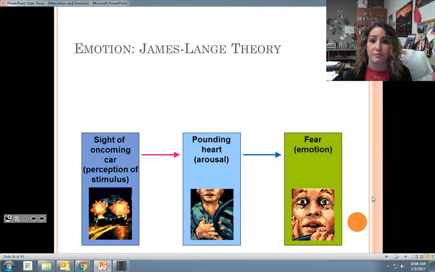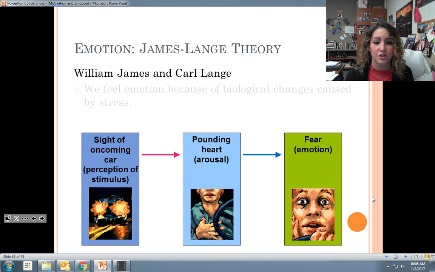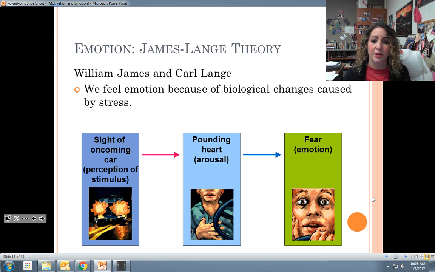First theory is the James-Lange theory. If you look at the picture underneath, it says there's the sight of the oncoming car, then your heart pounds, and then you have the emotion of fear. So the James-Lange theory, brought to you by William James and Carl Lange. William James, we talked about earlier, was the one that wrote the first psychology textbook. So this theory is a little old. We feel emotion because of biological changes caused by stress.